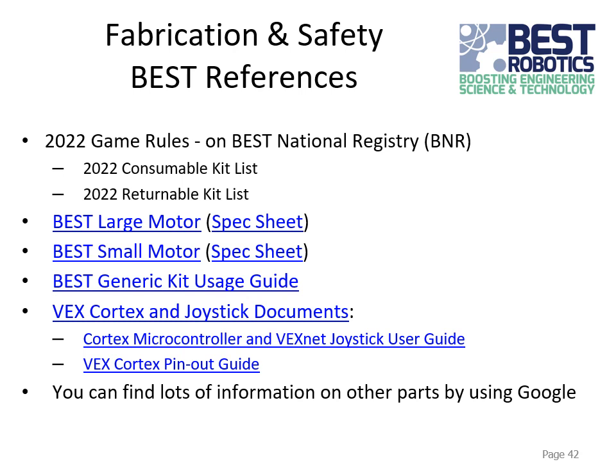A lot of this stuff you can find just by Googling. Just look for whatever part number it is. The rules has the part numbers and provider for most of the parts in your consumable and returnable kit. So that's plenty enough information that you can Google and find the exact data sheet or spec sheet for whatever it is you want to find more information about.